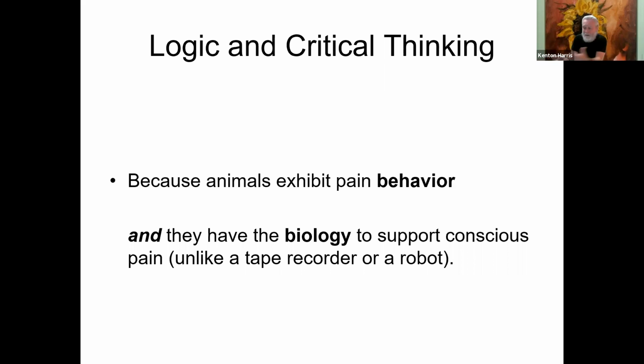It only happens when that impulse makes its way to this central processing unit, which is my brain. So if you don't have the biology to support conscious pain, then the behavior does not give us hands-down reason for thinking that it's got the actual conscious experience of pain.